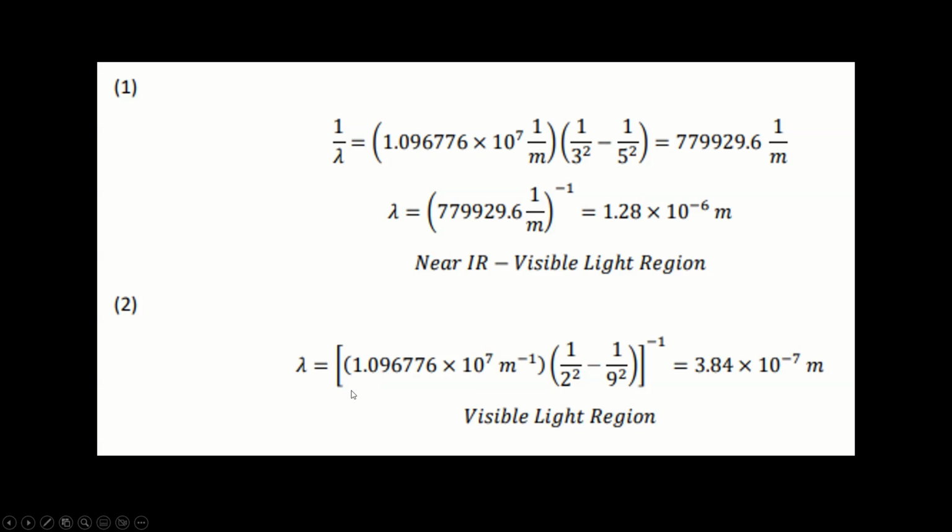So large parenthesis, Rydberg constant, times parenthesis 1 over our Balmer transition, which is 2, so 1 over 2 squared, minus our initial energy level, which we were told was 9, so 1 over 9 squared, parenthesis, large parenthesis, exponent -1. This lets us get our wavelength in one single calculation, 3.84 times 10 to the -7 meters, roughly the visible region of light.